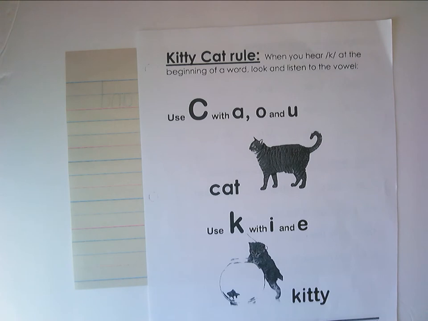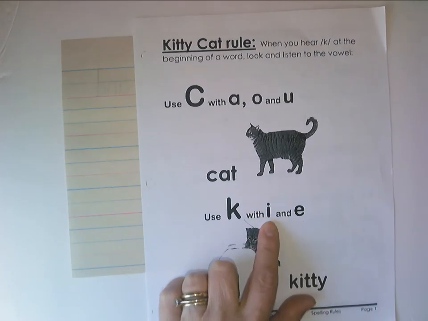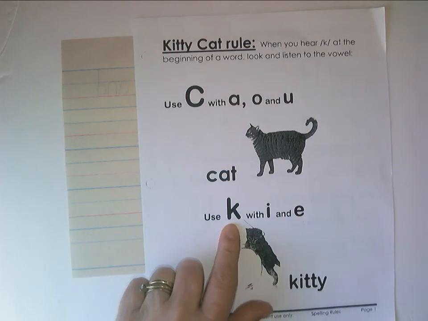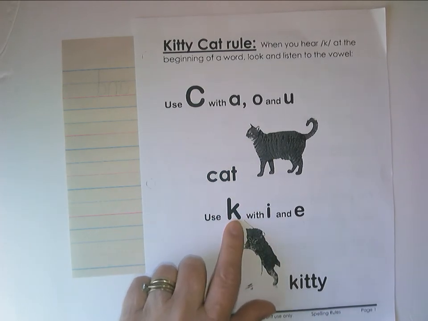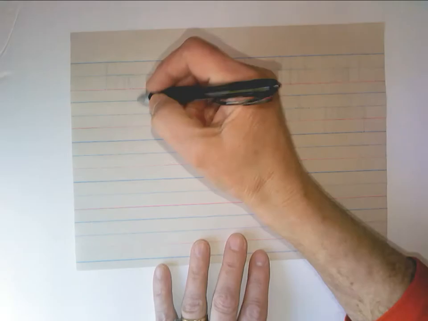Listen, k, kid. Oh, look, you hear an I, kid. So what are you going to start your word kid with? A C or a K? Right, you're going to start it with a K because kid looks like this.